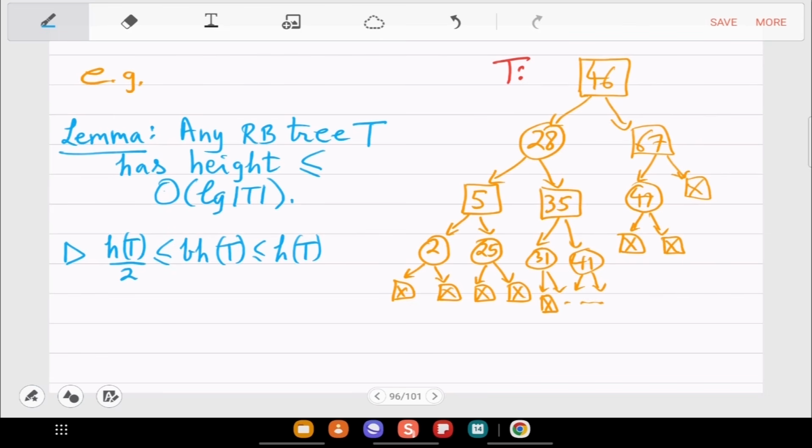So your question whether this bound is for black height or height, it doesn't matter, because when height is small, black height is small, and when black height is small, then you see that the height is less than or equal to twice black height. So height is also small. Okay, so both are similar, at least asymptotically they are the same. Is that clear?